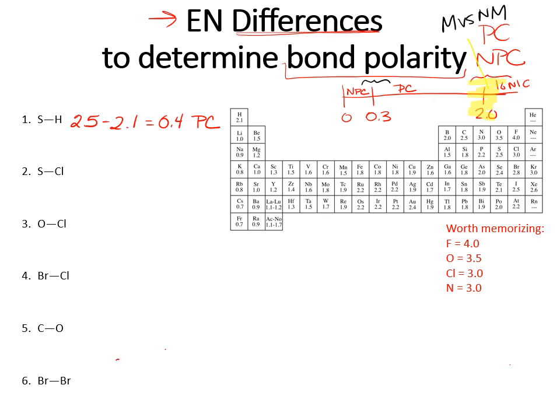We need to draw an arrow above the sulfur-hydrogen bond, pointing towards the atom that is more electronegative. So we draw this arrow, it goes towards the sulfur. We put a thing back here to show that it is a vector, and then we make a partial positive, partial negative.